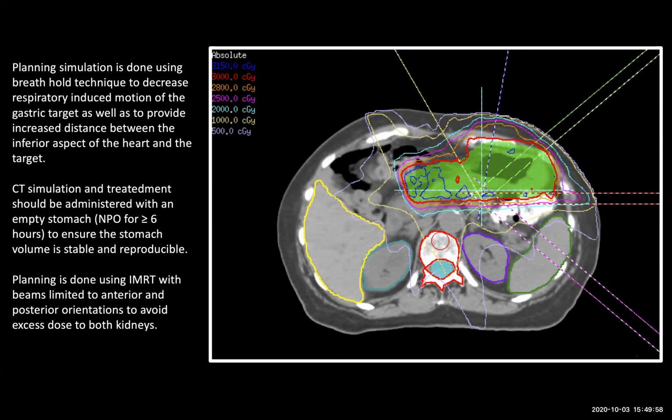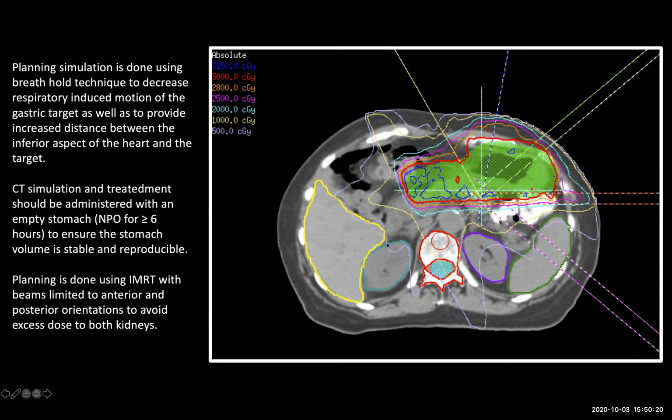We are aware of the kidneys, and again, because the dose that we use in lymphoma is half of the dose or sometimes less than doses that are used in other GI malignancies, we make sure that the kidneys get a relatively appropriate dose to the overall dose we're using here.